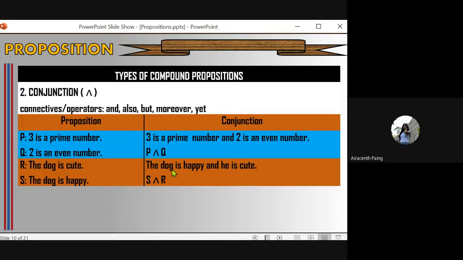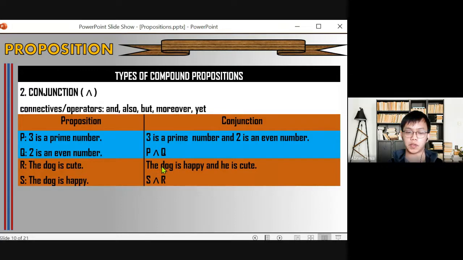Yes, sir. Okay, so ang tawag natin ulit dito sa first na part ng conjunction na to ay conjunct or subproposition. And the other one here is another conjunct or another subproposition. Second one, we have here a certain conjunction that is a compound proposition. Okay, so that is for conjunction.